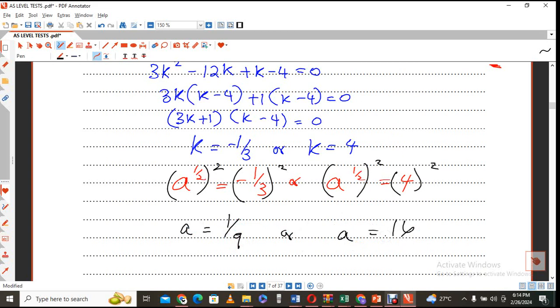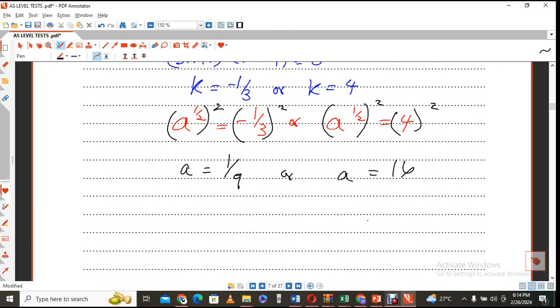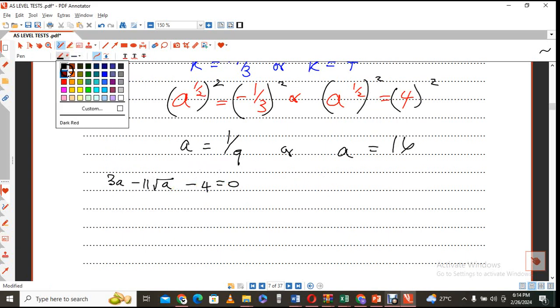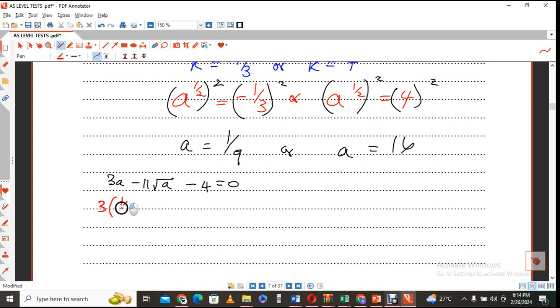Now, again, all the equations that have to do with roots, you always need to check the solution. So if I do a quick check, and remember our equation was nothing but 3a minus 11 root a minus 4 equals 0. So if I check for 1 over 9, for example, I have 3 times 1 over 9 minus 11 times root of 1 over 9 minus 4.